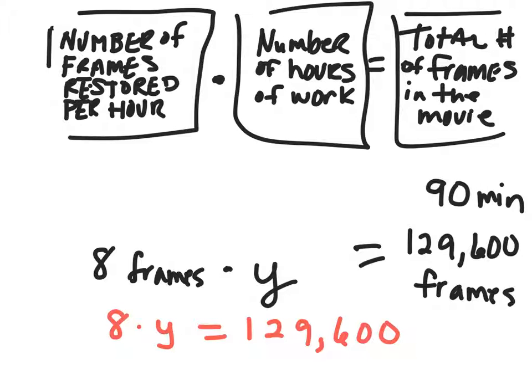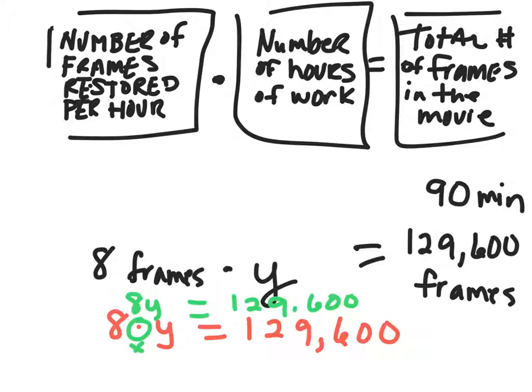Now, because we have multiplication here, I should have written this, because I told you earlier, like this, without the dot or the x for multiplication. We have 8y, which means that we can now divide both sides.